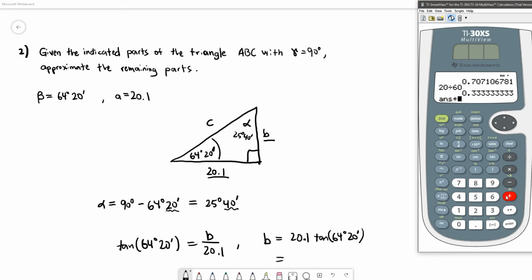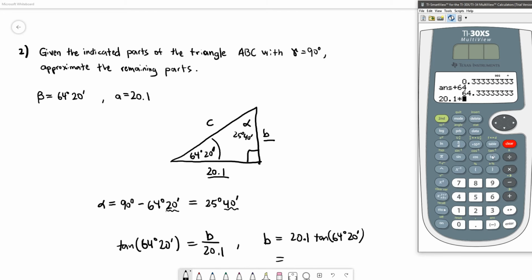And if I add that to 64, there's my angle in exact degree measure. And then I want to do 20.1 times tangent of that. Am I in degree mode? I should be in degree mode. There we go. Enter. There we go.